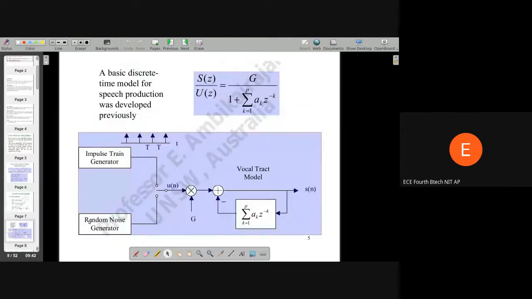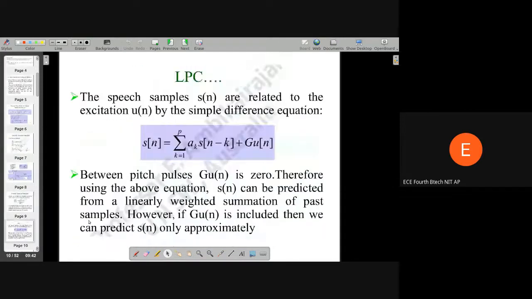We saw that in linear prediction analysis, we can represent the value of a current speech sample in terms of the values of its previous samples.